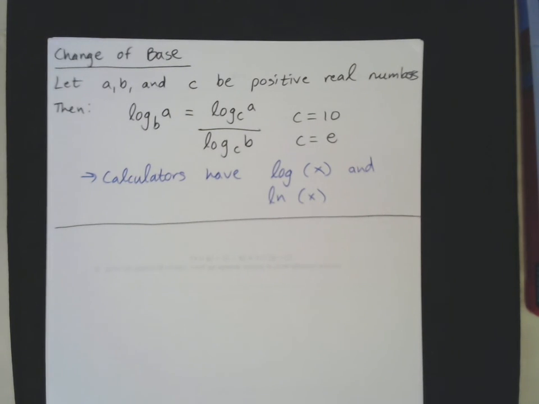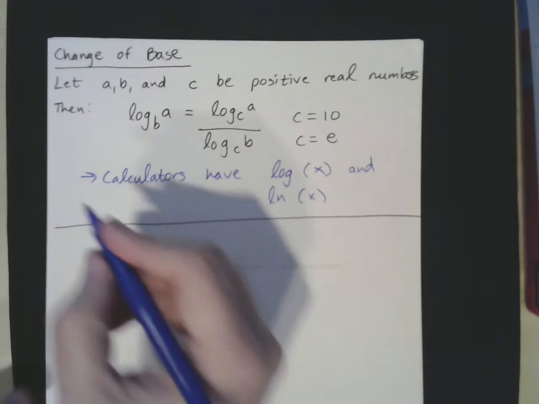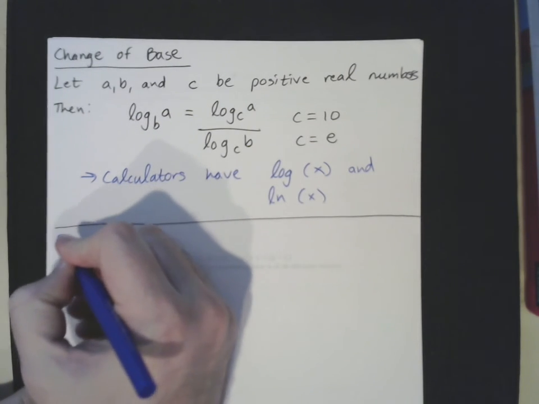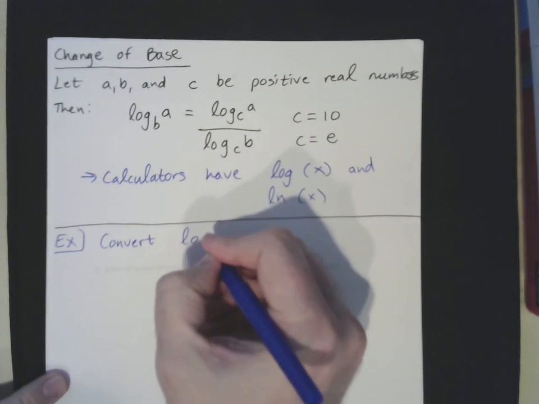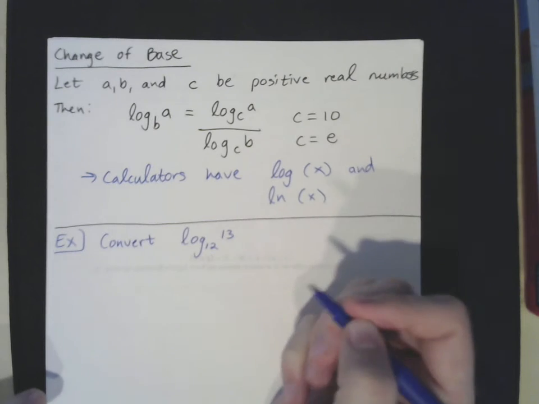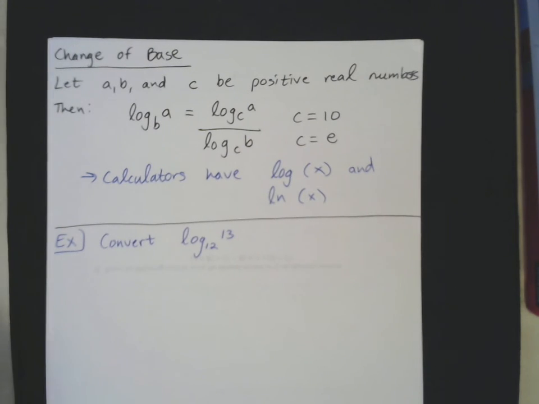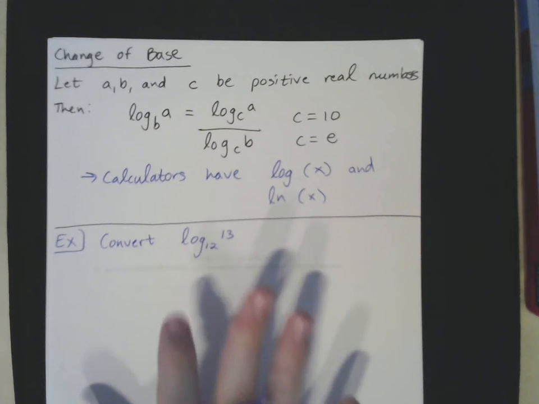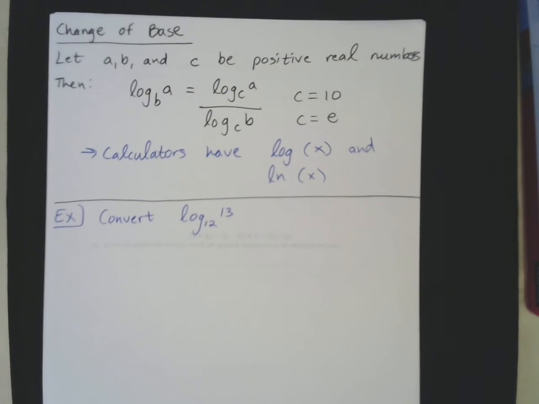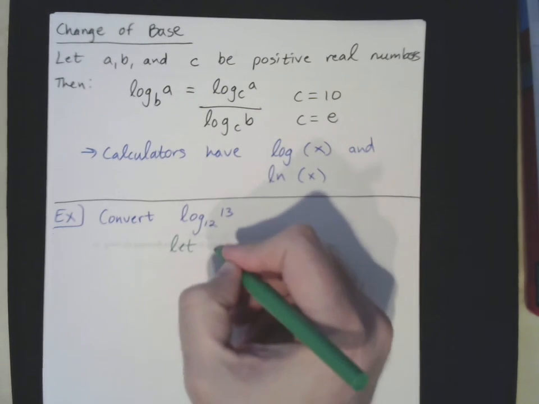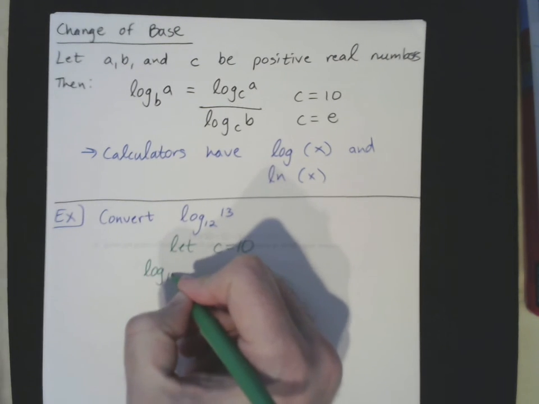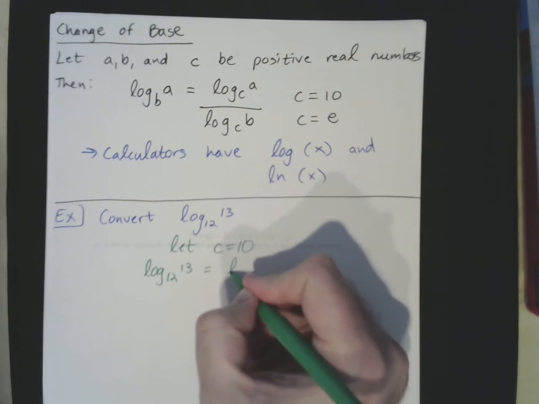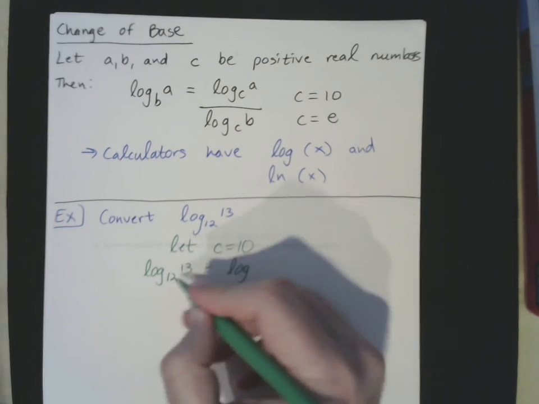So let's look at a little example to see what I mean. Let's convert log base 12 of 13. This is something we wouldn't want to calculate by hand, and our calculator doesn't have a log base 12 button. So we need to switch this using our change of base. We're going to let c equal 10, and then log base 12 of 13 equals the common log of a.